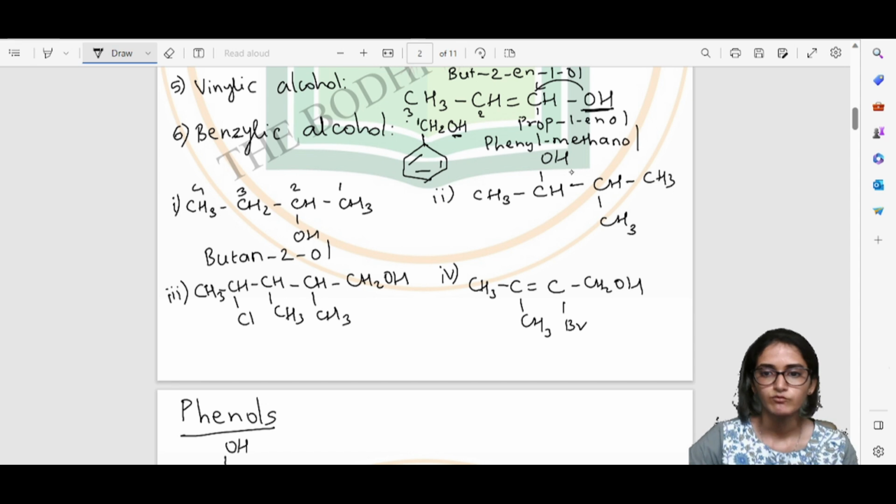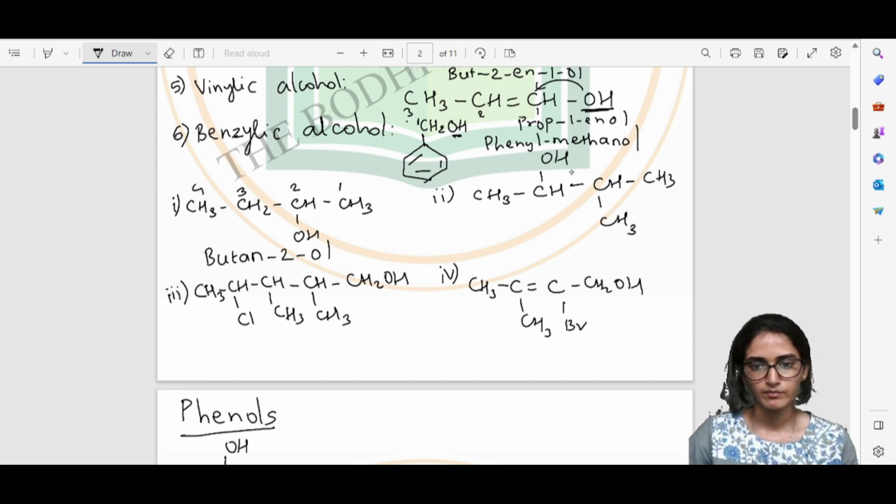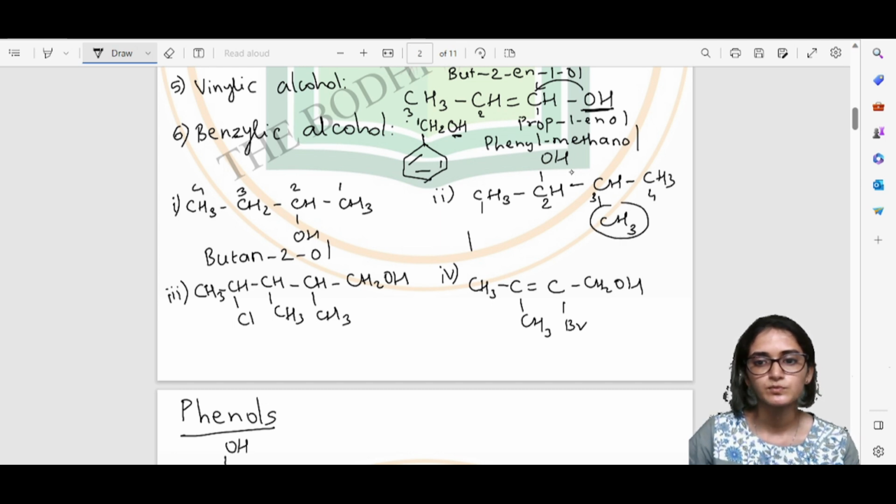Now I have to start numbering from this carbon: 1, 2, 3 and 4. The longest chain is butane. First the substituent will come, and the substituent is methyl. At which carbon is the substituent? The third carbon. So it will be 3-methyl, and the longest chain is butane, so butan-2-ol. This will be the name of the compound.